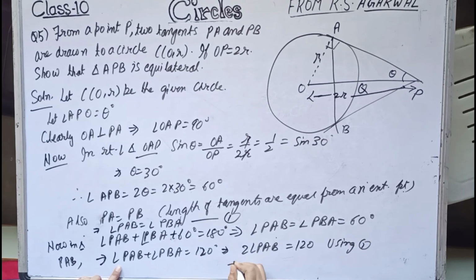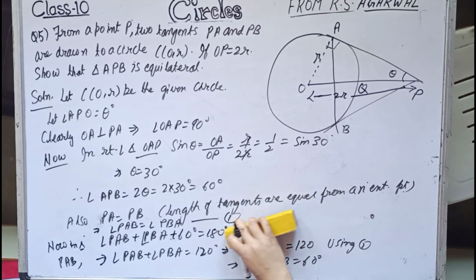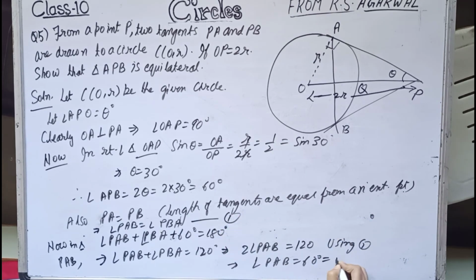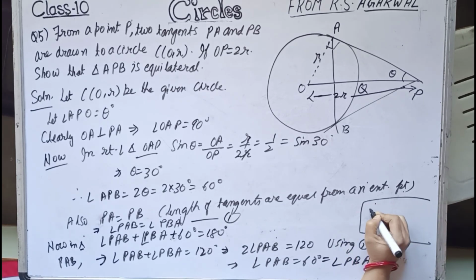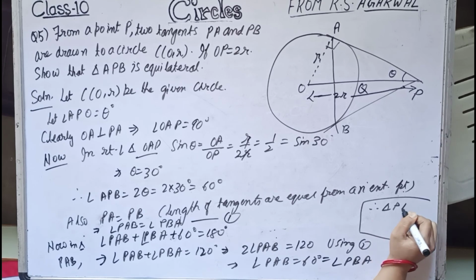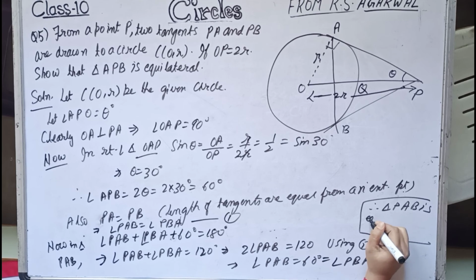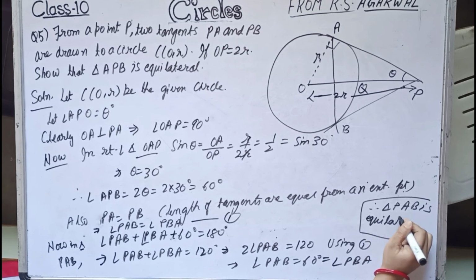Using 1, this implies angle PAB equals to 60 degree, equals to angle PBA. Therefore, triangle PAB is an equilateral triangle.